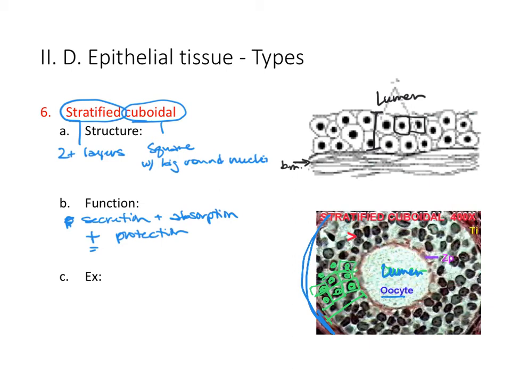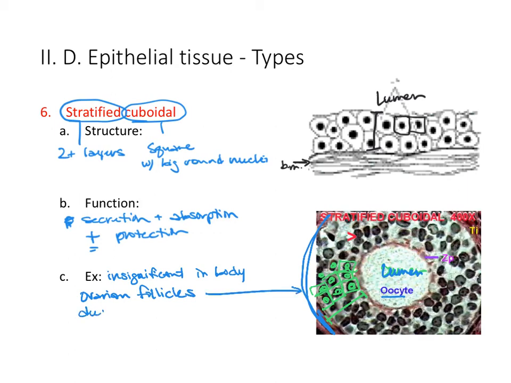All right, so where do I find these? These guys are rather insignificant in the body. In other words, we don't have a lot of it in our body. We'll find it in a bunch of places, but not very much of it. So where do you find it? Well, we're going to see it in the ovarian follicles, which is that thing over there.